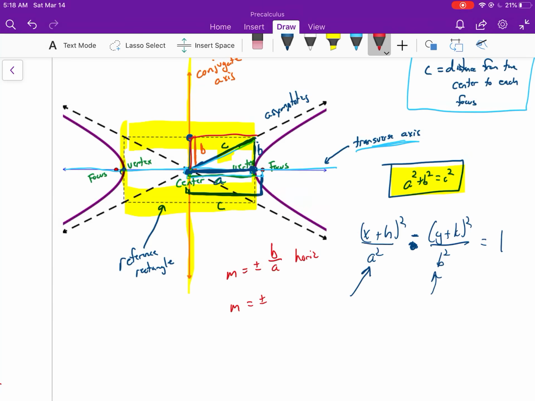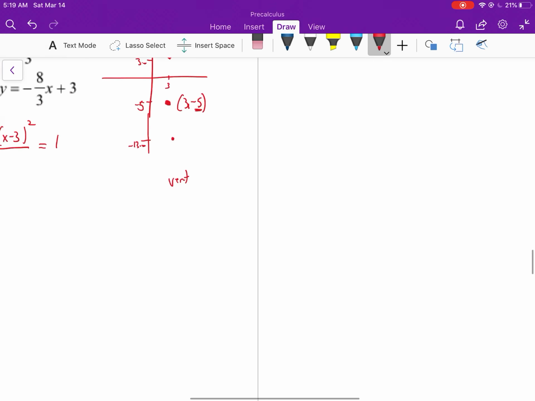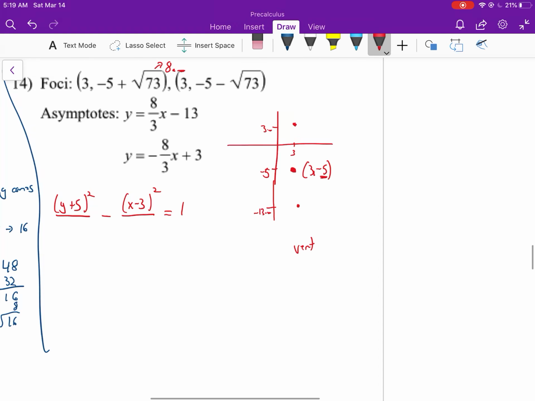So it's going to be plus or minus a over b for a vertically facing hyperbola. The other thing is that eccentricity is c over a, which is a ratio, but it will help us find some missing parts.